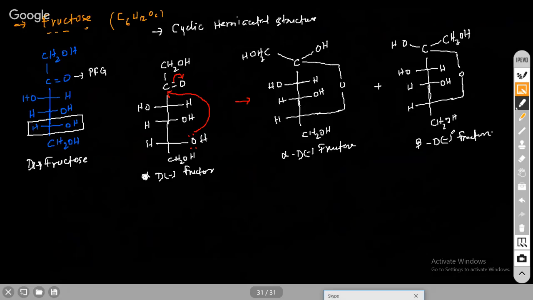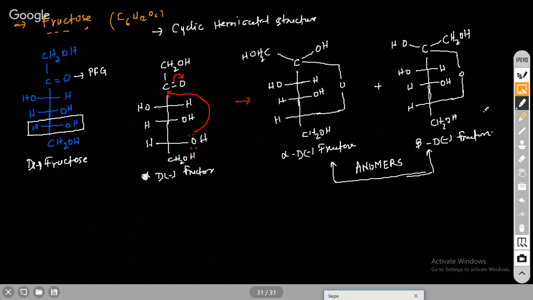And these two are what? These two are anomers. What are anomers, if you remember? What are anomers? Tell me. Anomeric carbon. And what is anomeric carbon? OH and OR group. OH and ether linkage will be there, right?